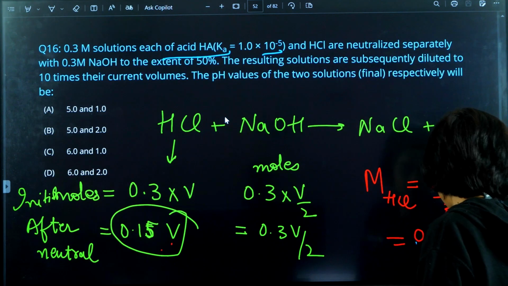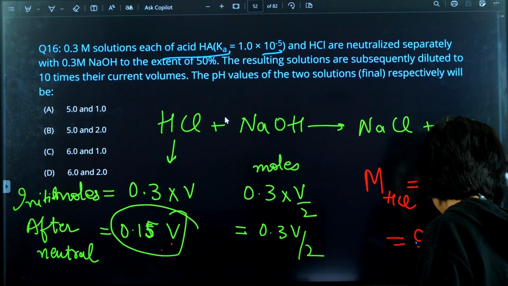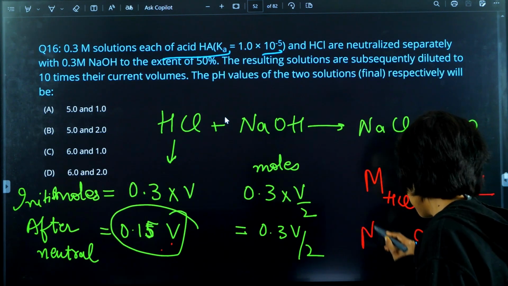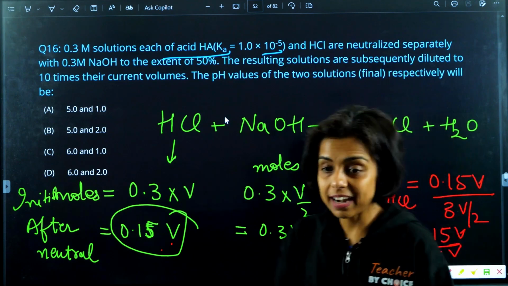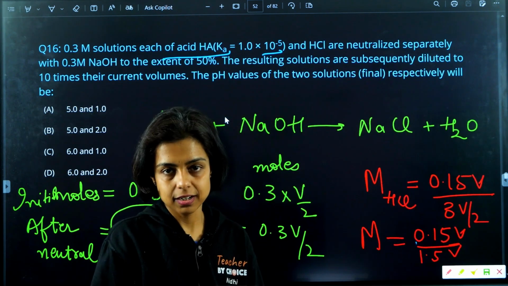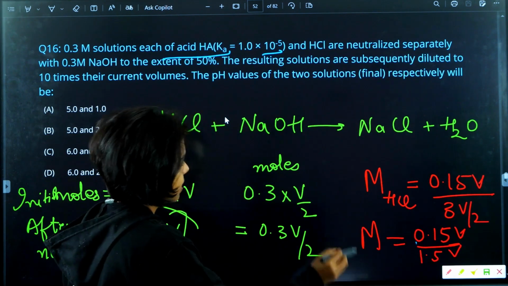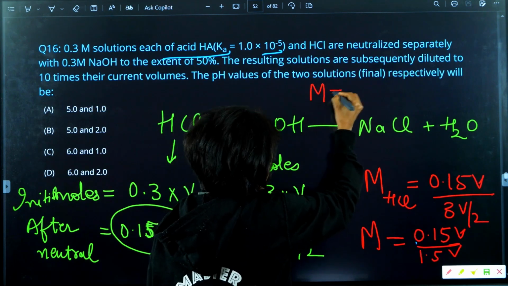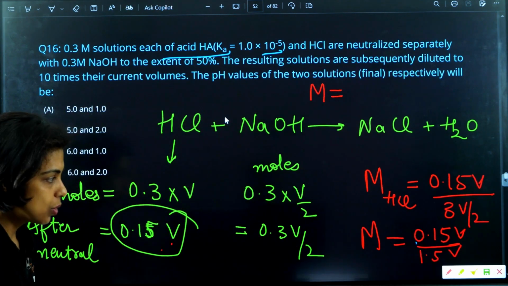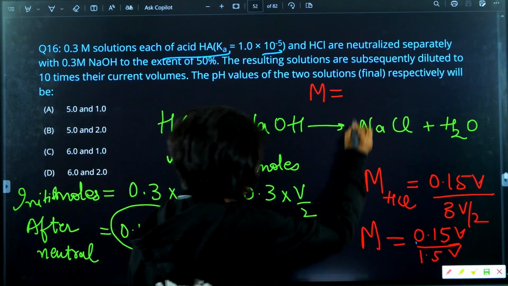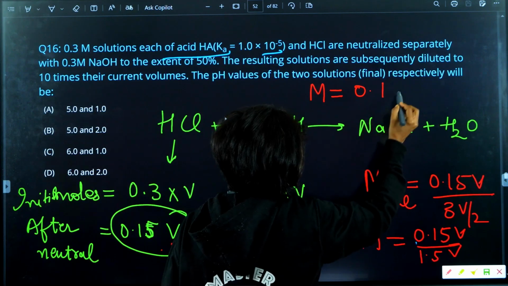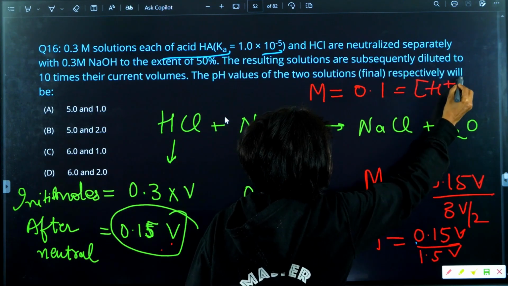So 0.15 V upon 1.5 V is the molarity. As HCl is a strong acid, the molarity of HCl in the final solution after 50% neutralization will come out to be 0.1, and this is the concentration of H+ ion.